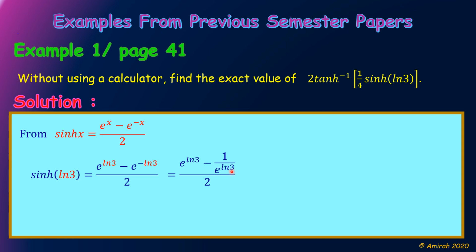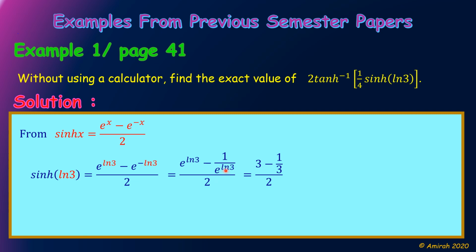From properties of indices, if we have a negative exponent, we can move it down, but the power should be positive. Why do we need to write e to the power of negative ln 3 as 1 over e to the power of positive ln 3 here?